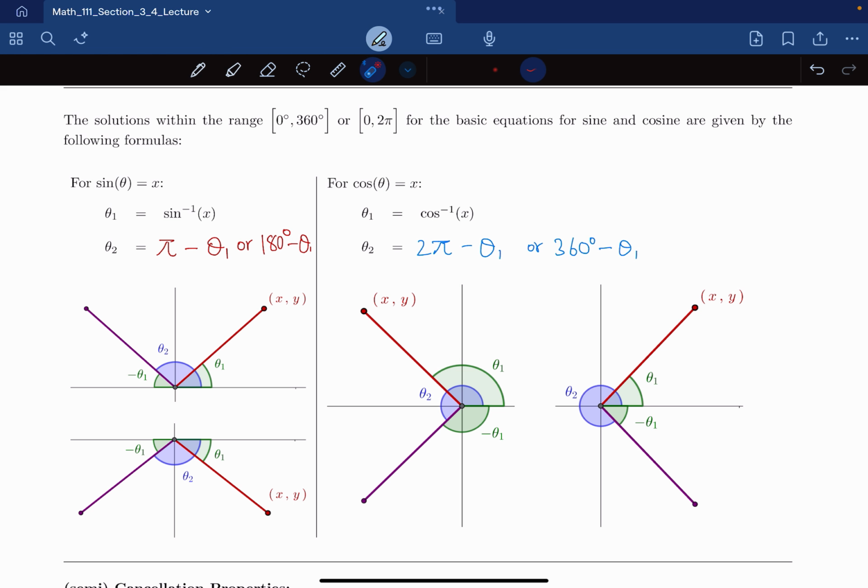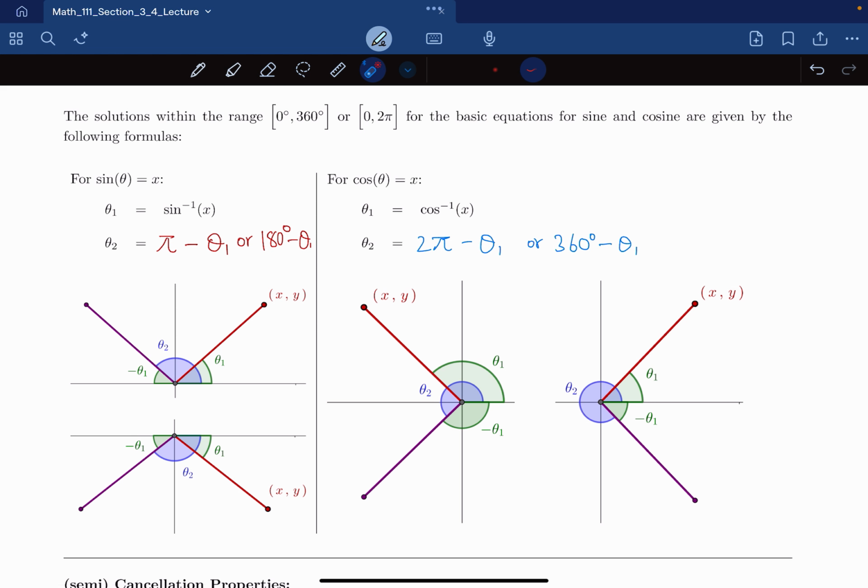Okay, and we can see the symmetry here in kind of the same light. If theta 1 is in quadrant 1, we rotate this way, and to get theta 2, we start here, which is not 0, but 360 degrees, and then we subtract theta 1.